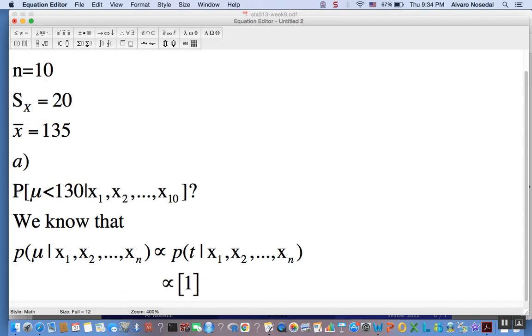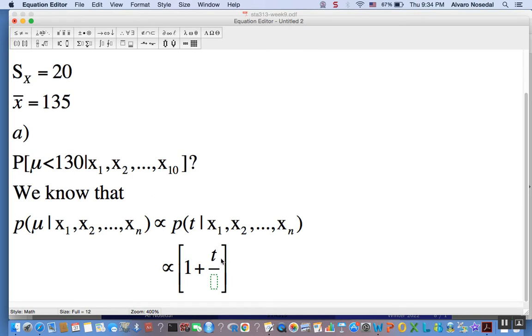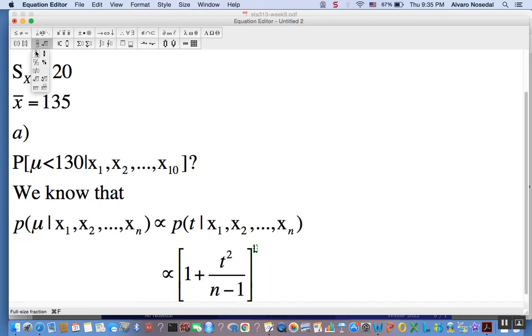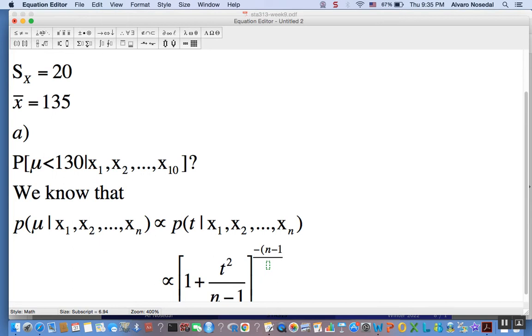The expression was 1 plus t squared divided by n minus 1, to the power, what we had here was a fraction, minus n minus 1 plus 1, oh sorry, plus 1 divided by 2.